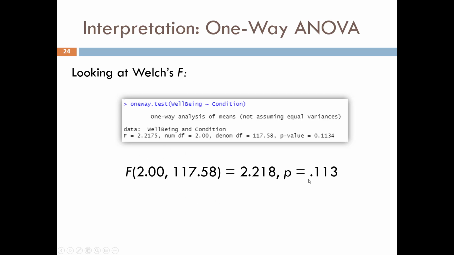And then the numbers will look slightly different, but the results are about the same as before, in that you failed to reject the null hypothesis. But I just want to show you what it would look like if you were to write up Welch's F-statistic. Very similar, just the numbers are replaced by adjusted degrees of freedom and associated statistics.